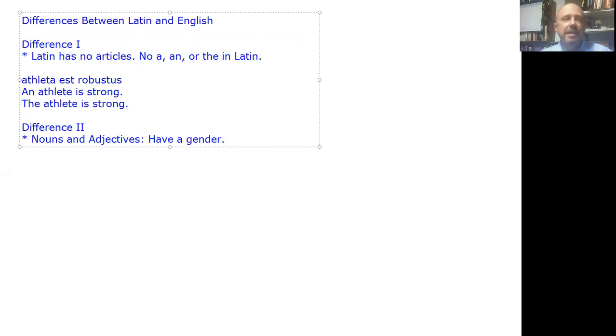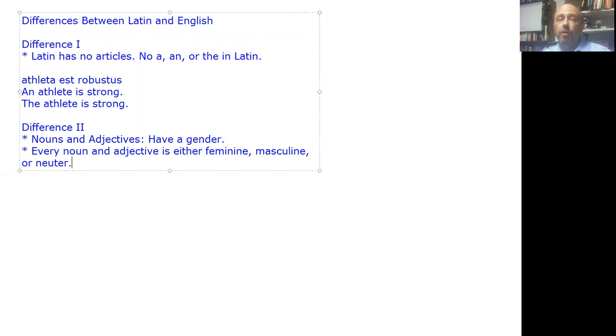So what this means is that in Latin, every noun and adjective is either feminine, masculine, or neuter, which means not feminine or masculine. And the important thing that we need to keep in mind with this is that the ancient Romans are not saying that every noun and adjective is either a boy or a girl or none of the above.